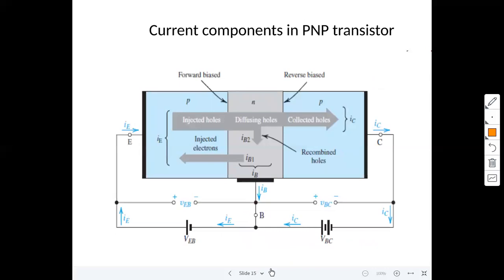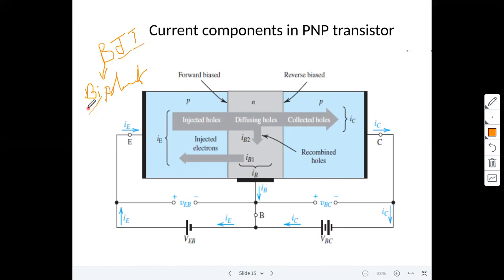Next, come to the PNP transistor. Mainly for all switching purposes, we use NPN transistors, but PNP transistors also exist. What is meant by BJT here? The expansion has not been given so far. B indicates bipolar, bipolar junction transistor.